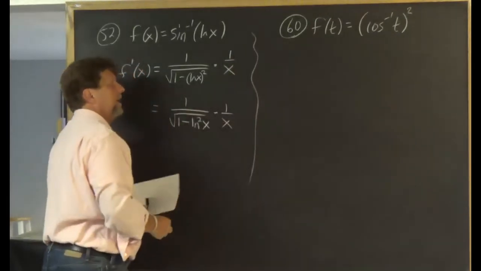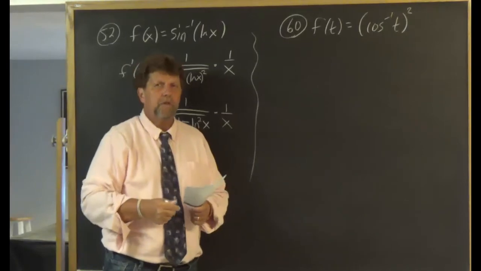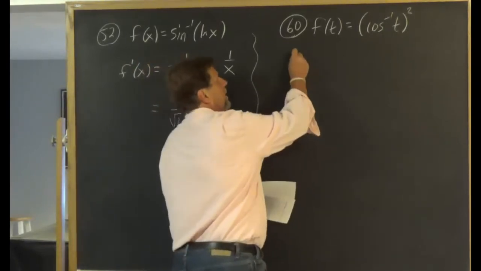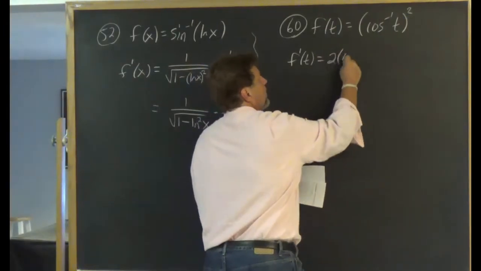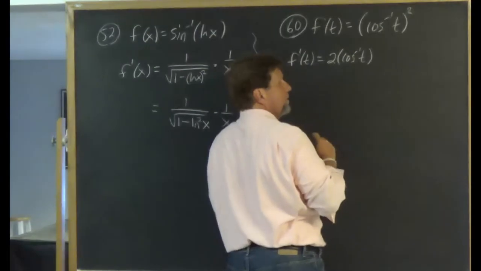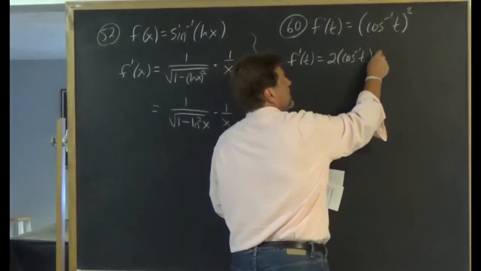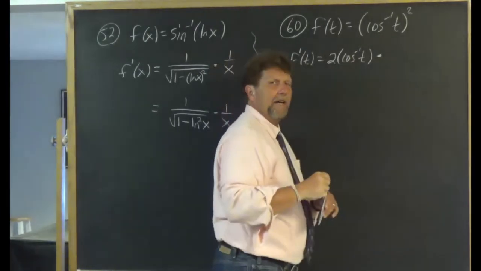Number 60, f of t equals inverse cosine t, that quantity squared. So we get the derivative. Well, we start off, 2 comes out front, subtract 1 from the exponent, leaves me with a 1, times, now we have to remember the chain rule, I have to do the derivative of inverse cosine t.